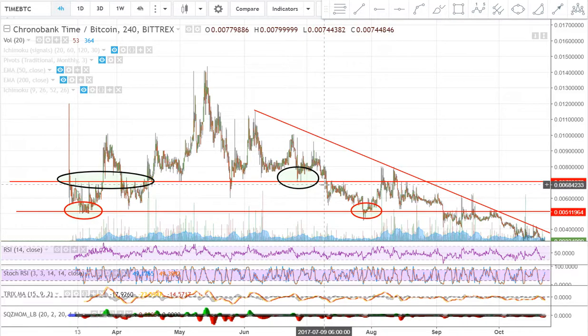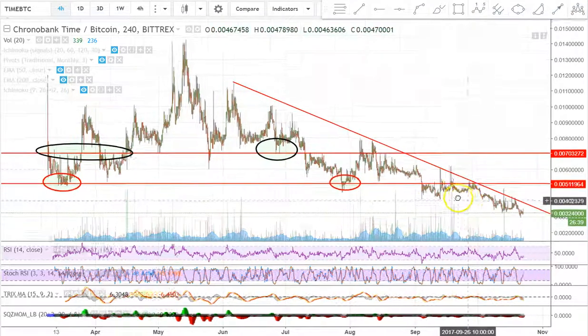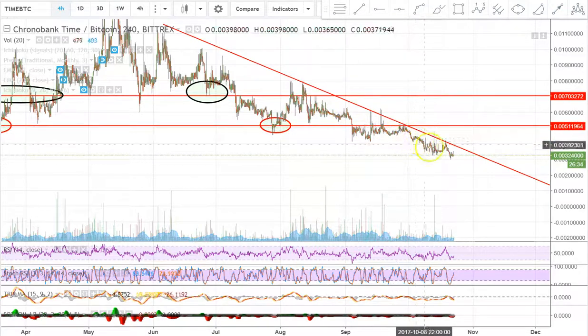I mean, the losses would be minimal, because after that it's going down a lot more to the next support, which is at 0.005. So this would be your next buy at 0.005, and you set a stop loss when it goes below that, because when it went below that, it went even further.